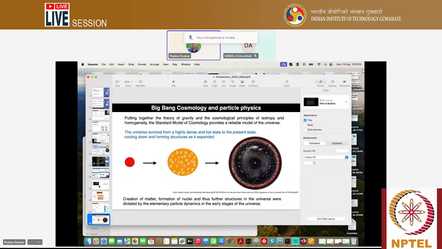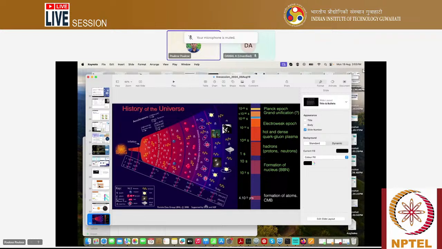This is a very interesting study, and definitely the dynamics of the elementary particles at that time had a huge role to play in the further evolution of the universe. That is something we may take up for discussion in the next live session, maybe.